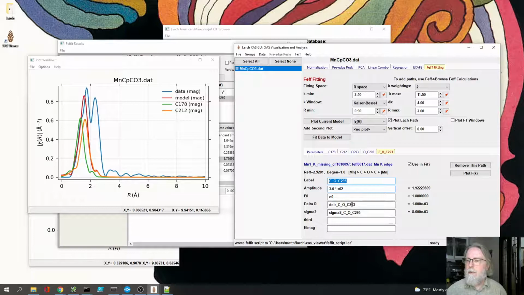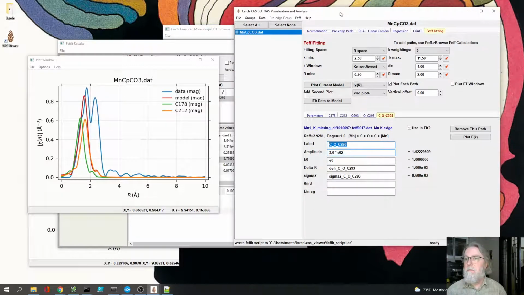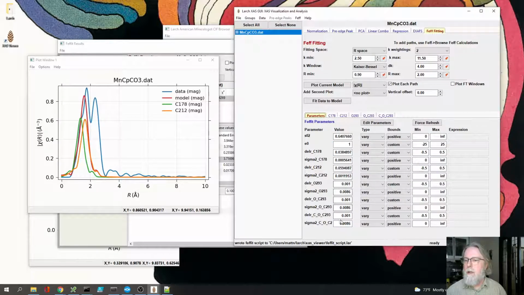We do have different delta R's and sigma squares for all of these paths. Let's do something simple to reduce the number of variables, because if we go to the parameters page, we now have 1, 2, 3, 4, 5, 6, 7, 8, 9, 10, 11, 12 variables. And we'll want to be able to fit out to, say, 3 angstroms, but that's still not going to be very sufficient.